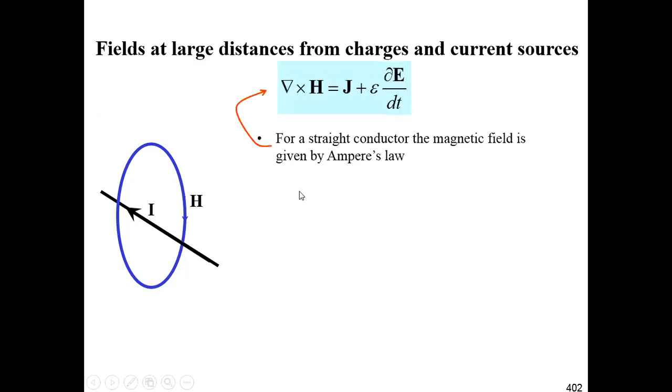See the first Maxwell equation: del cross H is J plus epsilon times del E upon del t.